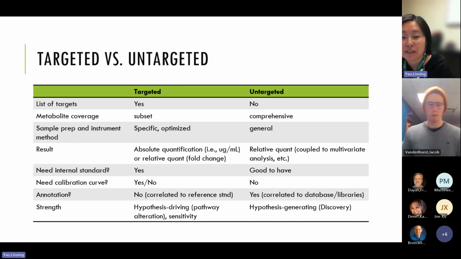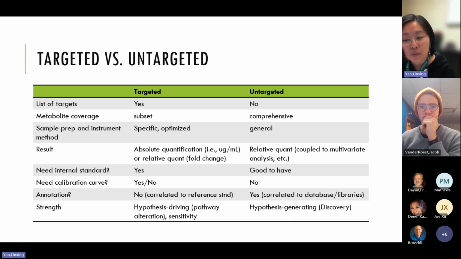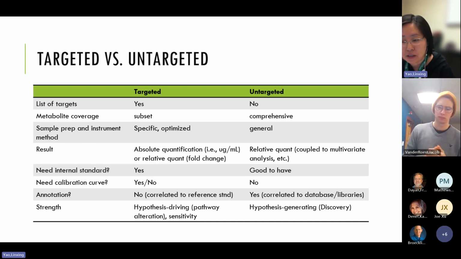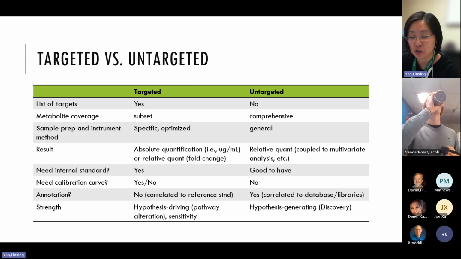So targeted analysis does not need annotation compared to untargeted analysis because we already know what we are to measure. It's more suitable for hypothesis-driven studies where you already have a list of compounds that you want to know their changes in response to treatments. It's also the preferred approach for analysis needing high sensitivity because of the instrument it uses.